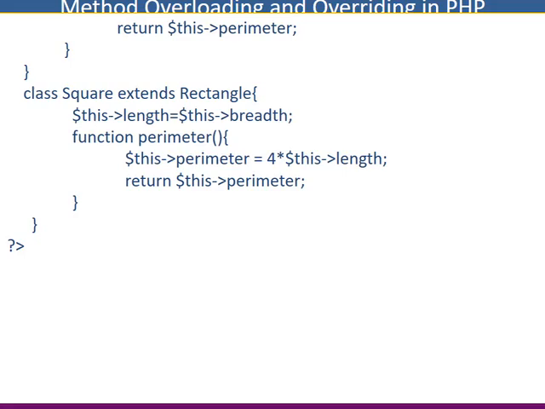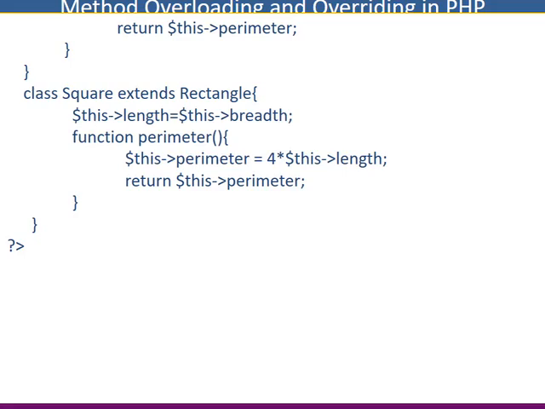So when you call perimeter on a rectangle object, it uses the rectangle version, and when you call perimeter on a square object, it uses the square version instead of the inherited one. So you can go and study the code example under overriding method.